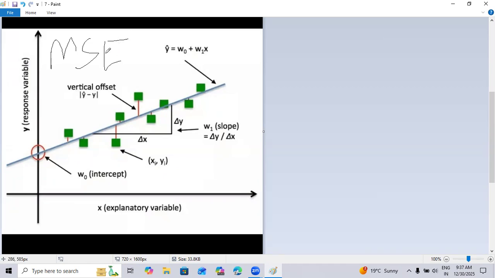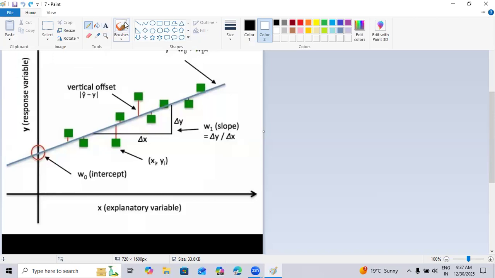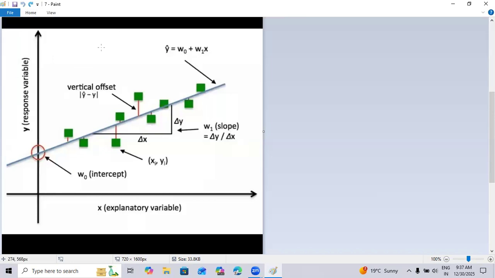Mean square error is always in squares, as every output is squared.